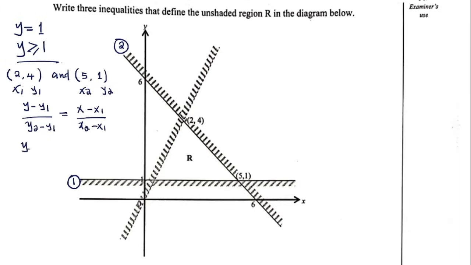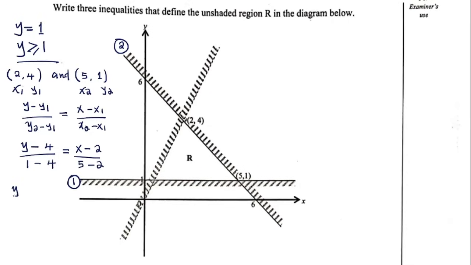So we shall say y minus our y1, which is 4, over y2, which is 1, minus y1, which is 4, being equal to x minus our x1, which is 2, over our x2, which is 5, minus 2.